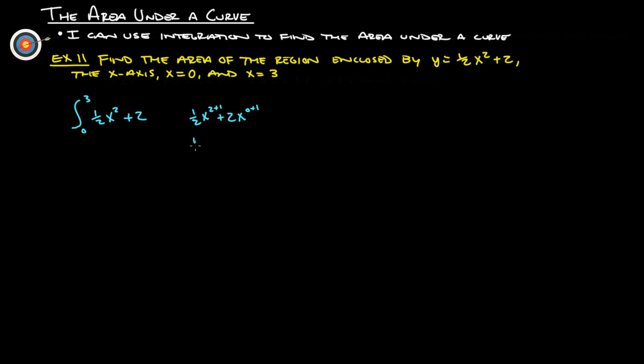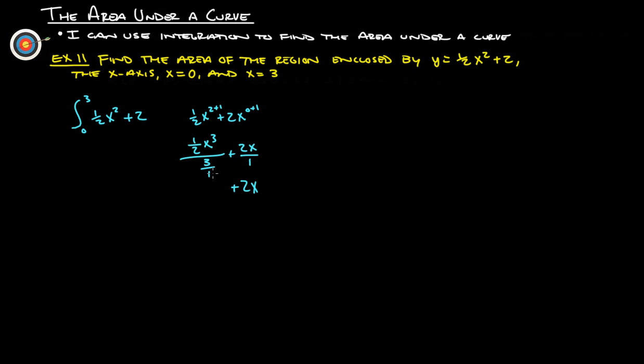So that's going to be 1/2 x cubed, the whole thing over 3, right? Plus 2x divided by 1. So that's just going to be plus 2x, right? And then this one here, 1/2 our x cubed divided by 3.